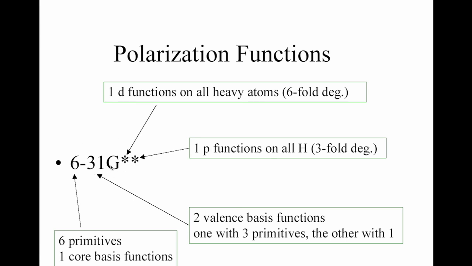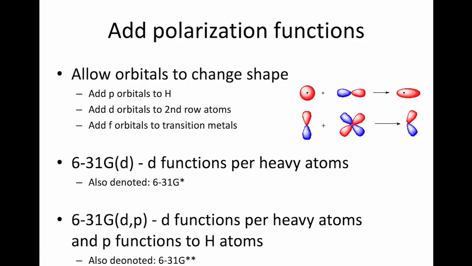Here 631G double star means the first star is the d functions for all heavy atoms, and the second star is the p function for all hydrogen atoms. Here we add p orbitals to hydrogen, add d orbitals to second row atoms, and add f orbitals to transition metals. Whenever there is an orbital interaction, the shape of the product orbital is different.